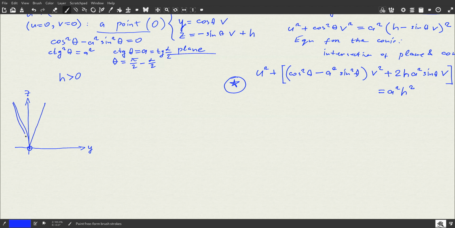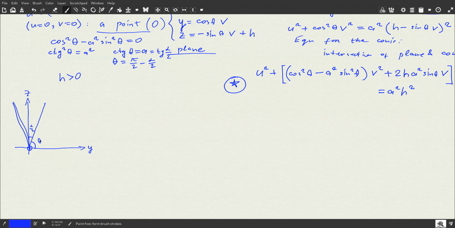Sorry for my drawing. So that's half alpha, and theta is the complement. So theta would be this angle, which means this is the angle between, what is theta?